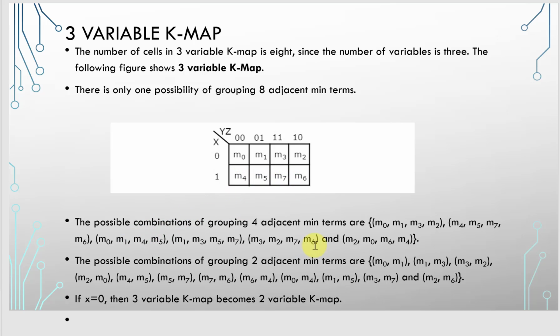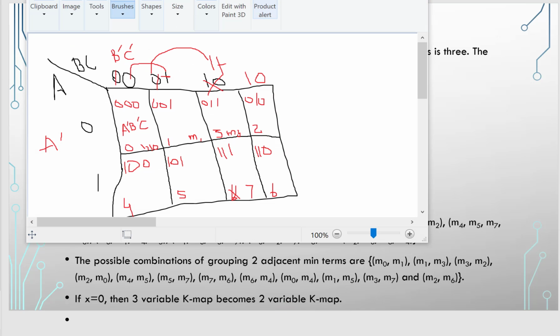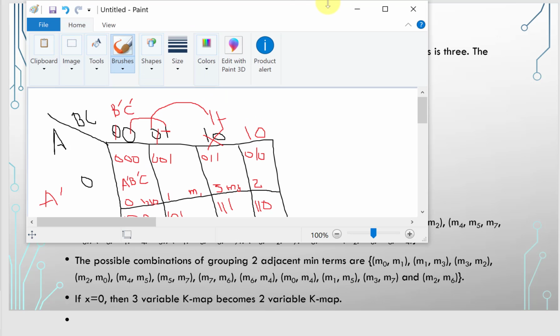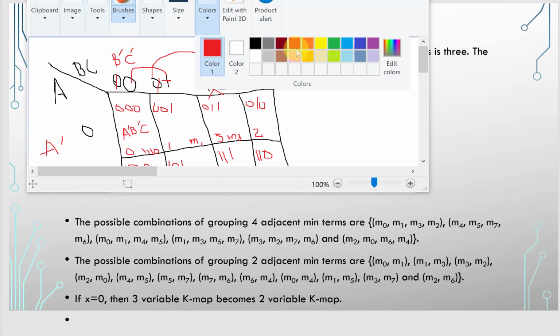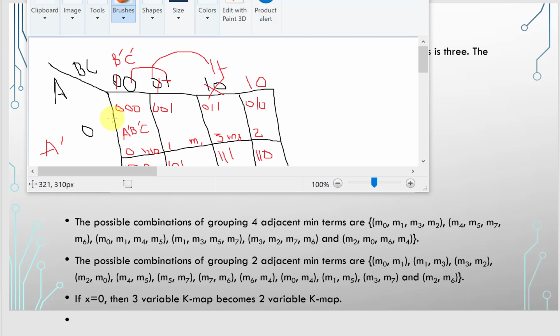Now we will look at the possible combinations of adjacent cells, right? So the possible combinations of adjacent cells are: M0, M1, M3, M2.